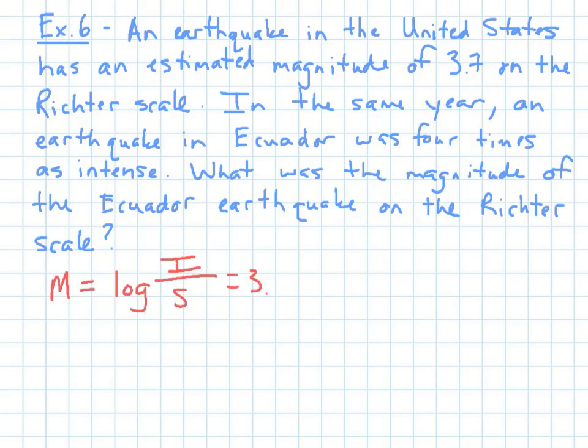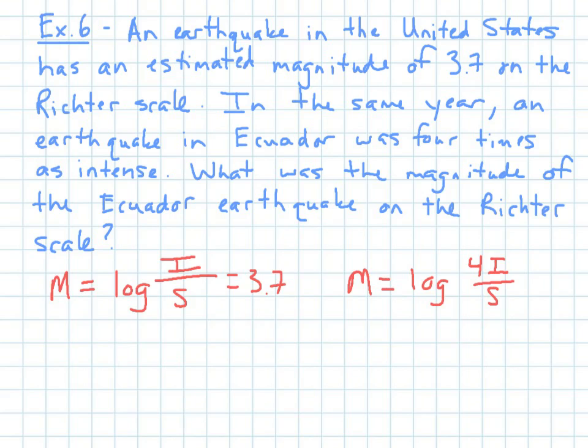They don't tell us the intensity level of the one in the United States, but they do tell us this value from the scale. Now, using that, let's write a new equation or formula for the Ecuador one. Because it was 4 times as intense, we would take 4 times I divided by S.